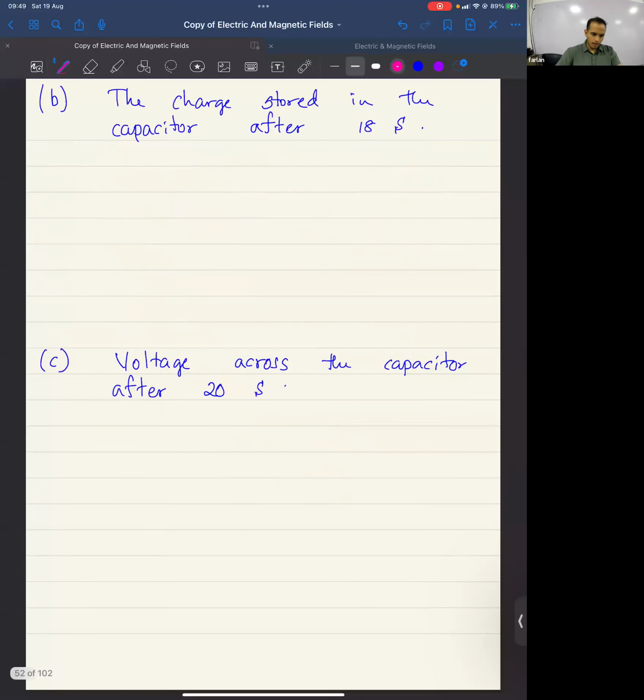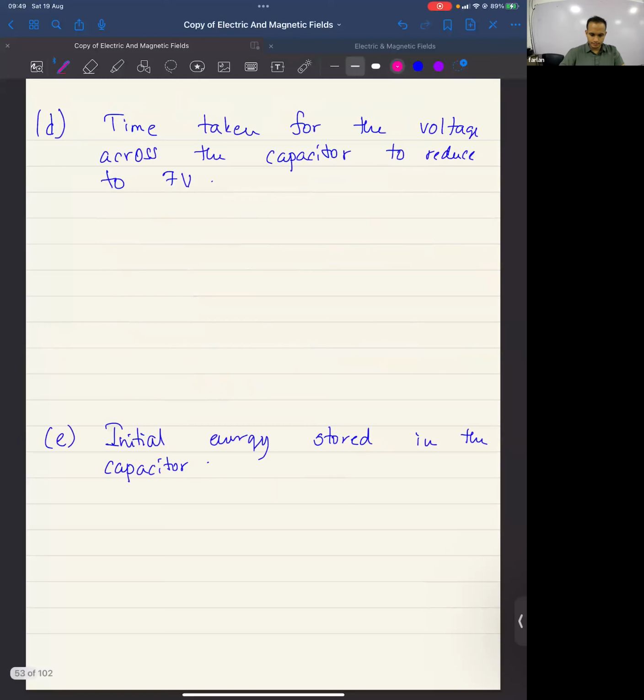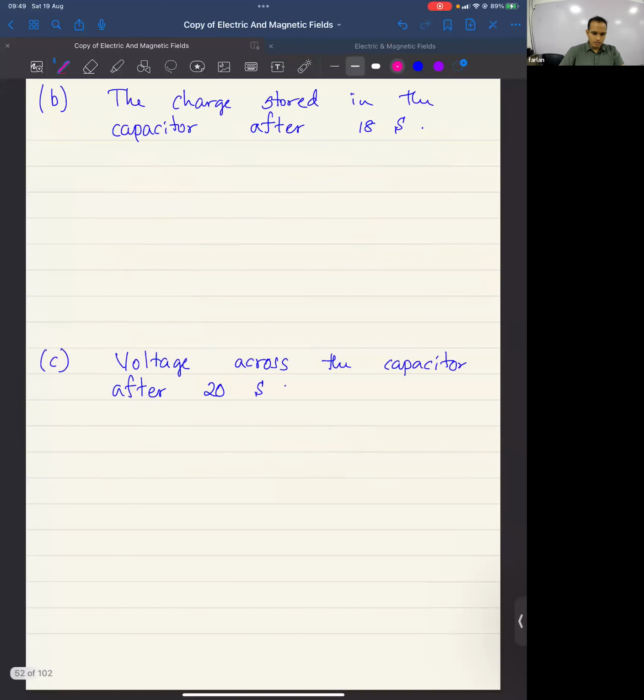Part B, the charge stored in the capacitor after 18 seconds, we can use Q equals Q naught e to the power minus T over RC.